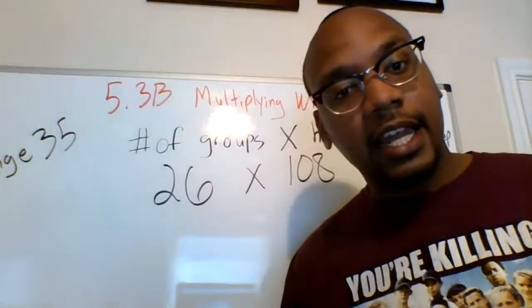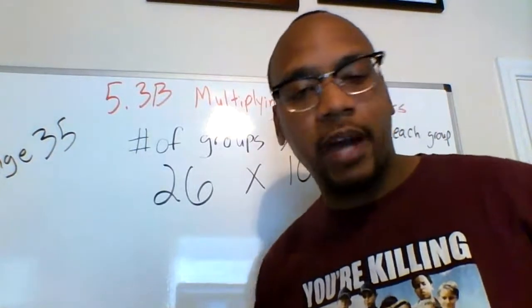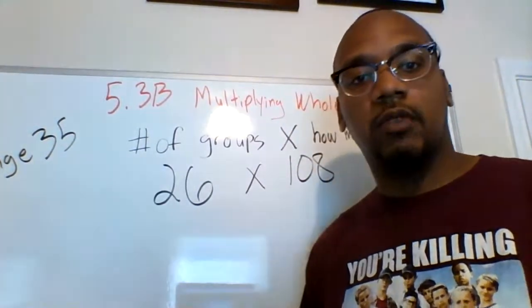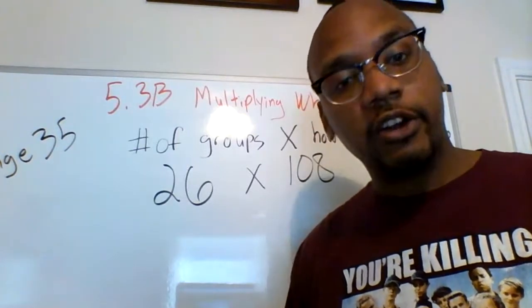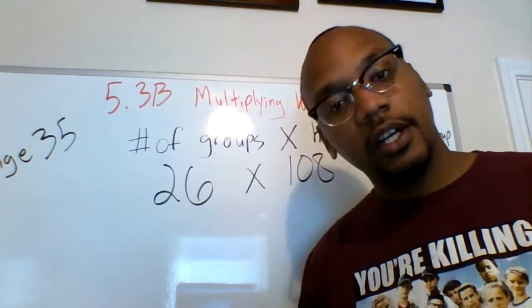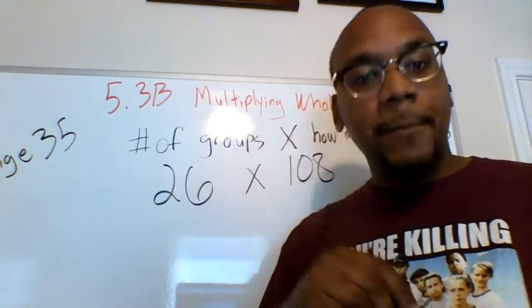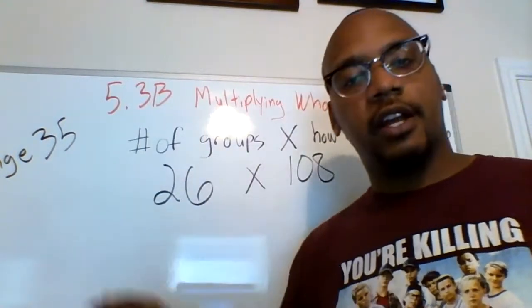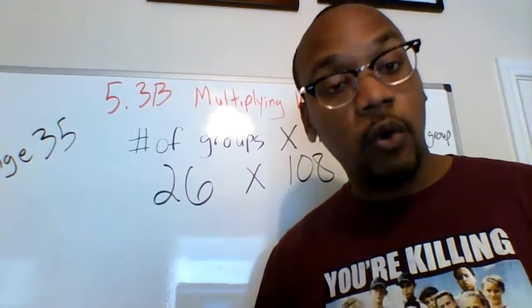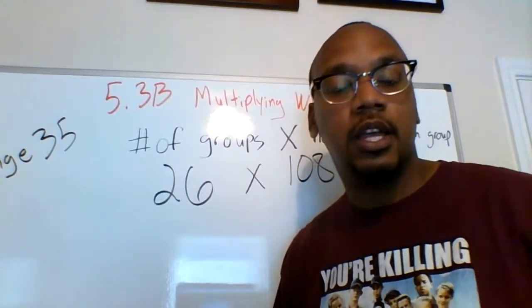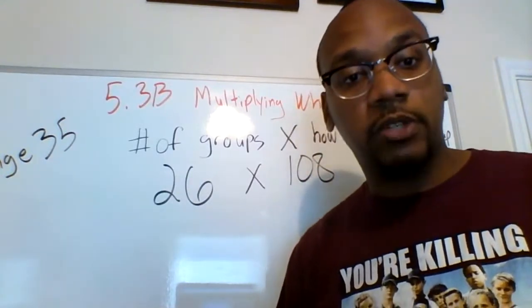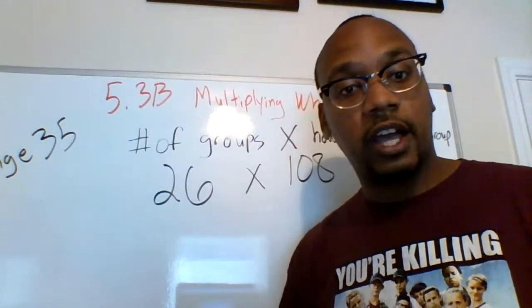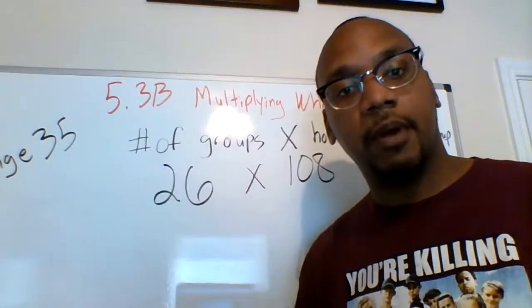If you take my class, you know I'm not a big fan of box method. I do standard multiplication, because in middle school, they only want you to do standard. So I got to get you ready for standard. If you don't understand how to multiply, you can look at my YouTube channel. I have a series called the 5 different ways to multiply, so I can show you 5 different ways to do the same problem.